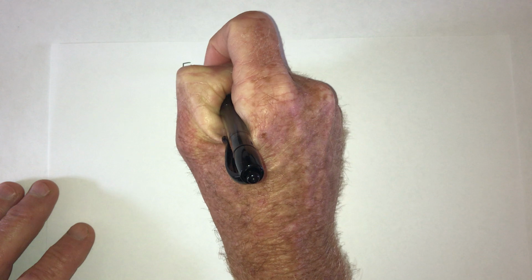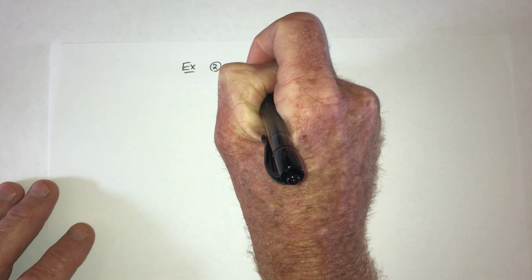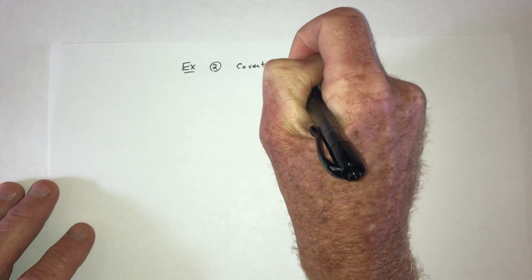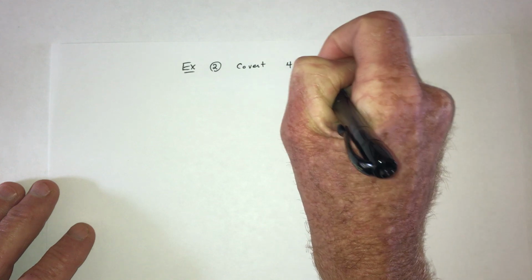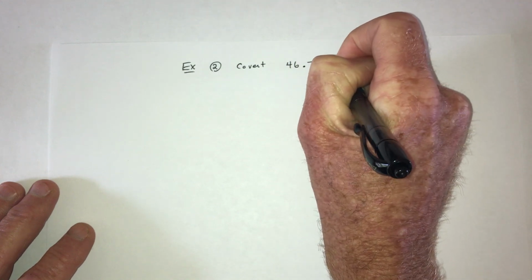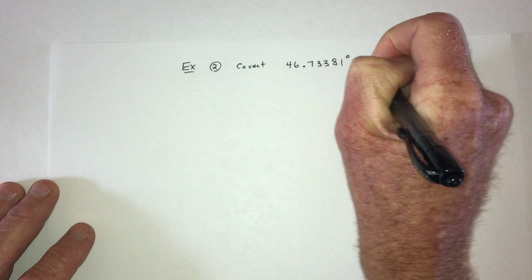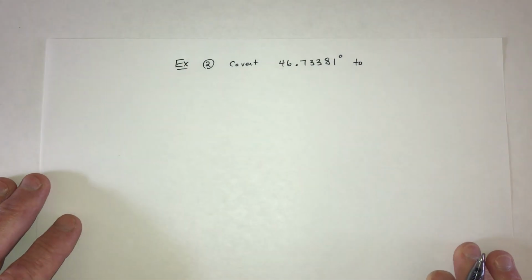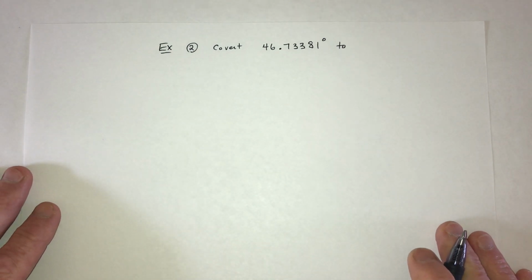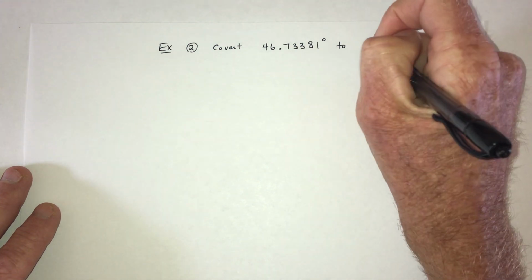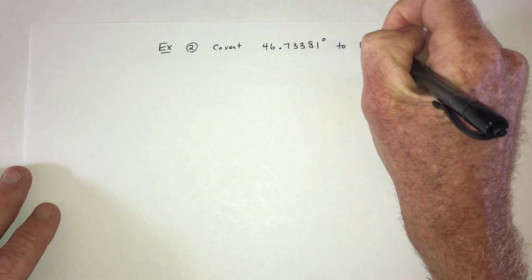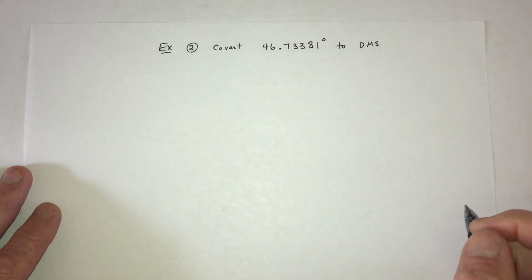Now let's try one that is a little more challenging. So now convert 46.73381 degrees to degrees, minutes, and seconds.